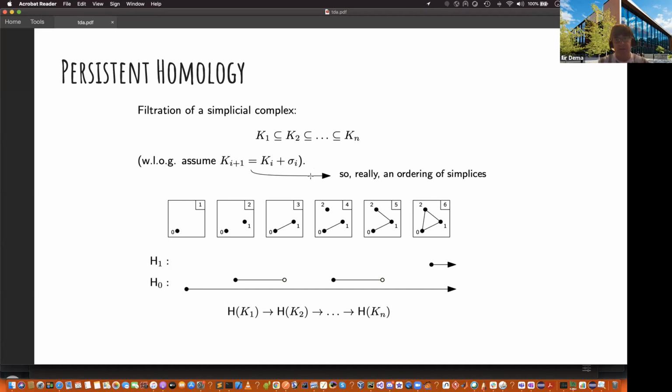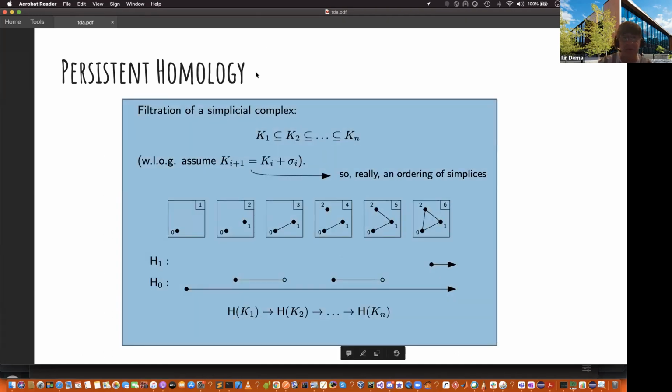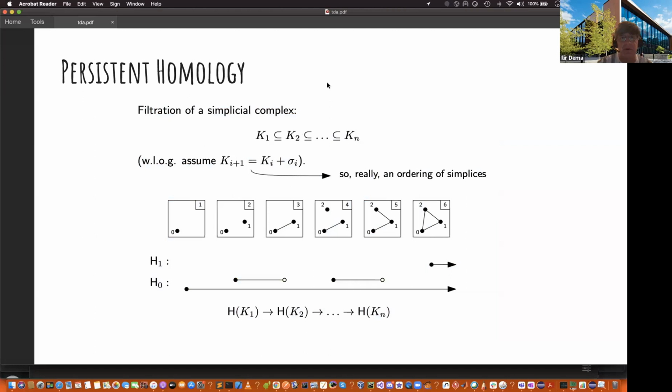The same can be said for the vertex 2: it is born at the picture number 4, and it dies at the picture number 5. And at picture number 6, finally, we see a feature in dimension 1 that does appear, and it never disappears.